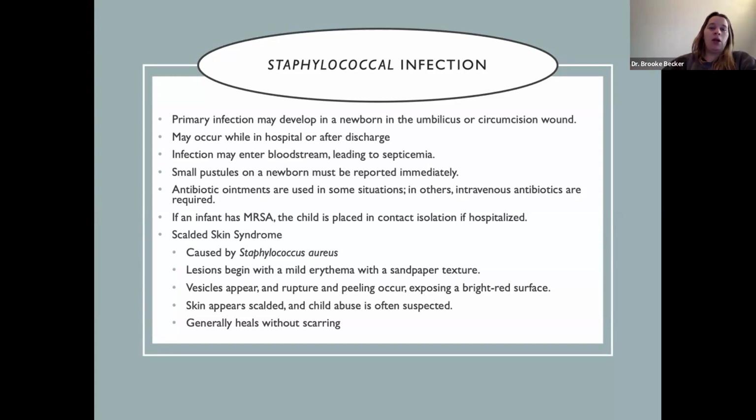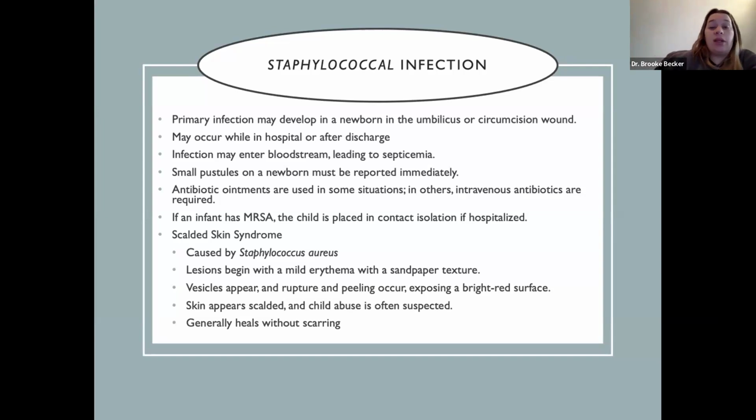Okay. Scalded skin syndrome. So this is caused by Staphylococcus aureus. So MRSA can cause scalded skin syndrome. The lesions are mildly red or erythematous, and they have a little bit of a sandpaper texture, so they're going to be red and raised, and then they'll start to look like vesicles.